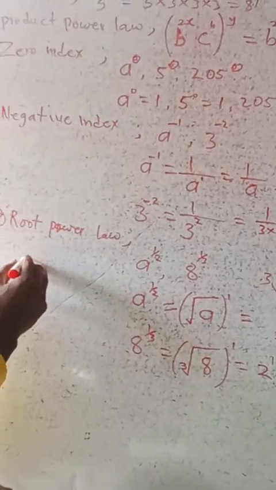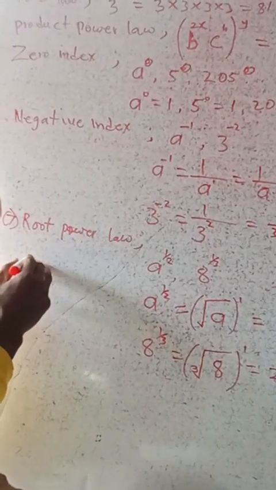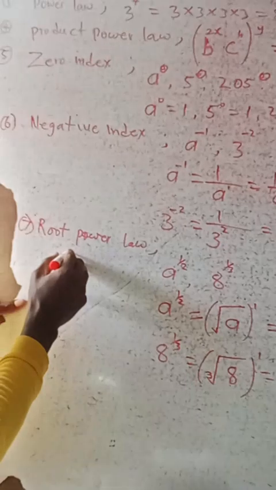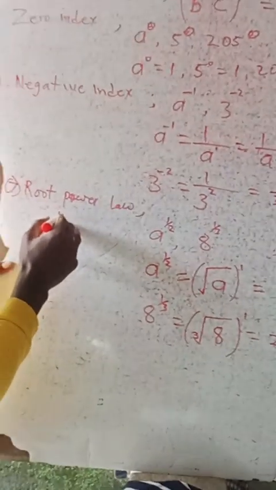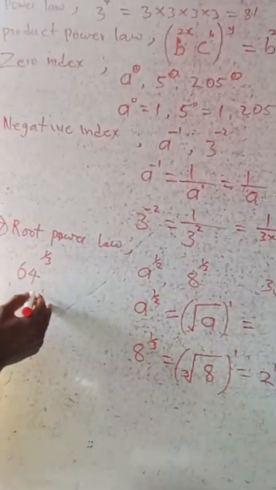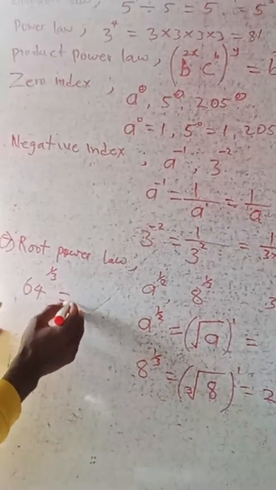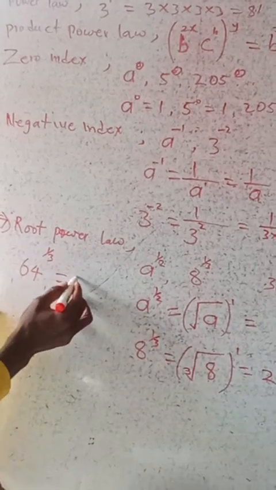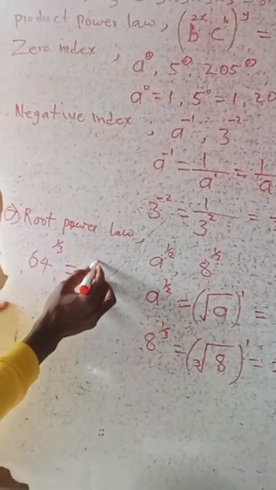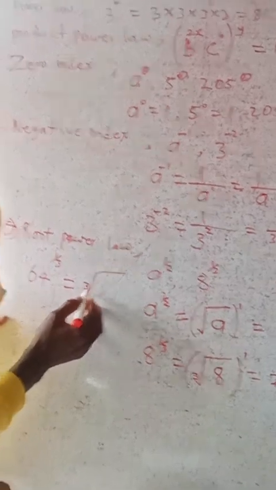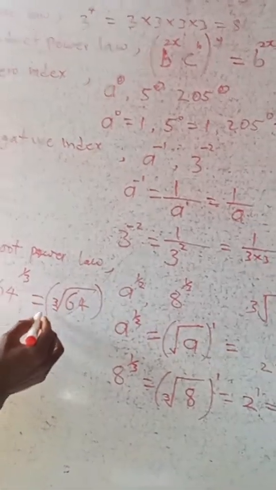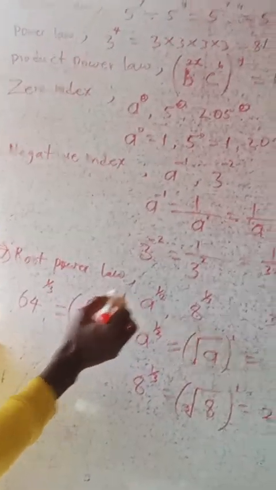Let me give you another instance. If I have 64 raised to power 1 over 3, what this means is the 3, the denominator of the power, will form third root of 64. We write it over bracket and raise to power 1.